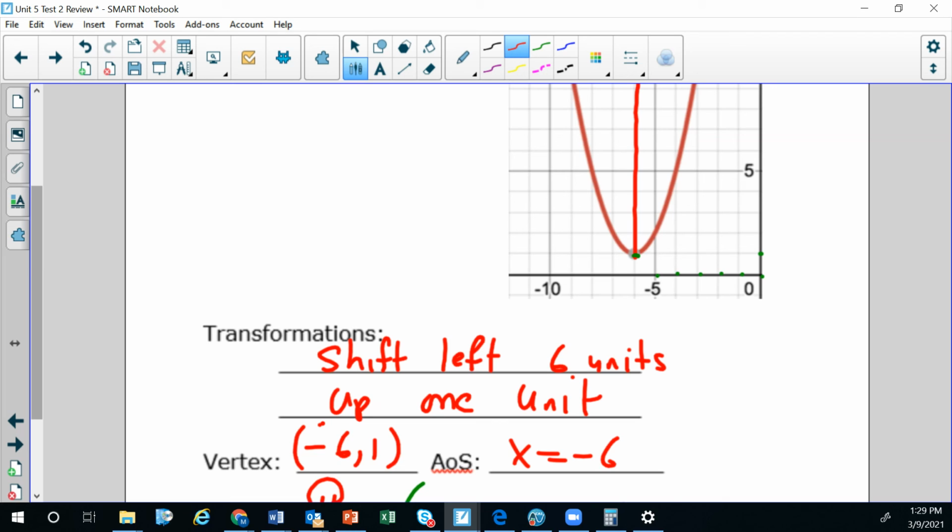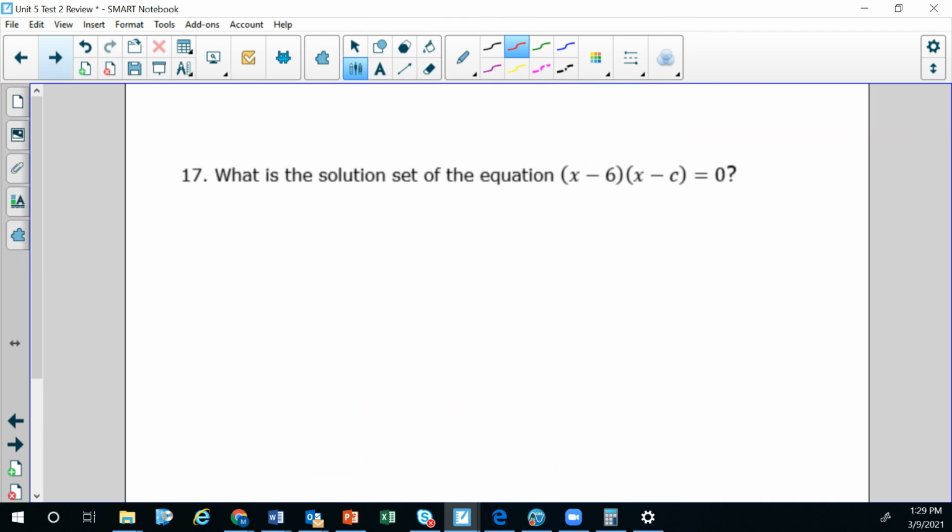All right, let's see what's next. Okay, and the last, number 17, what is the solution set of the equation? Well, all we're going to do is just set both factors to 0. Don't let the c throw you off. Just set each factor to 0, x minus 6 equal to 0, and x minus c equal to 0.